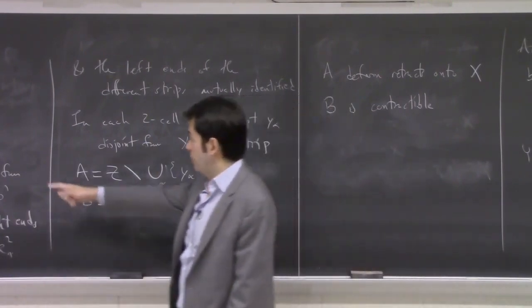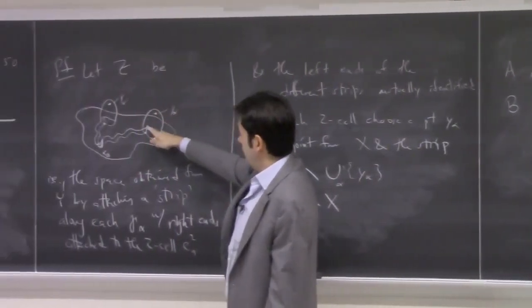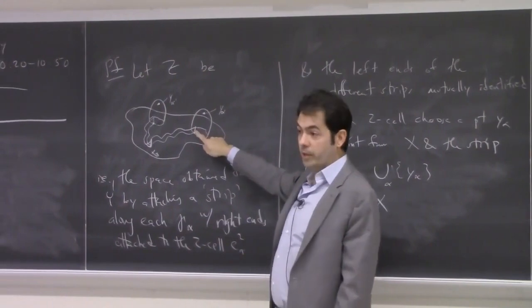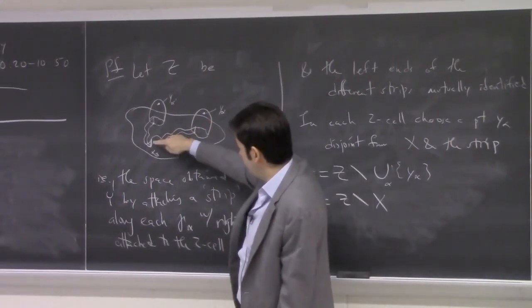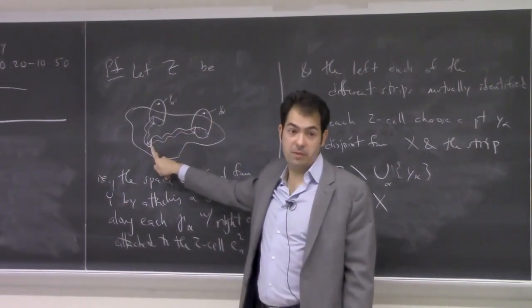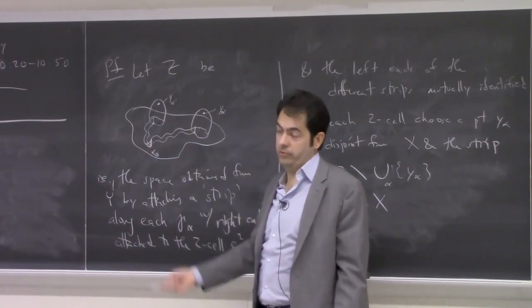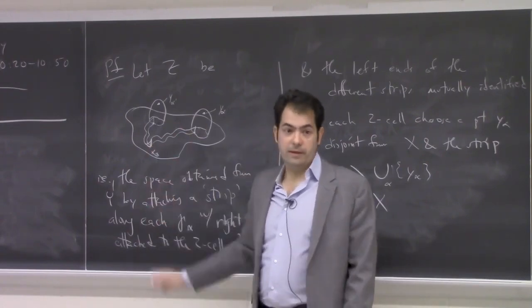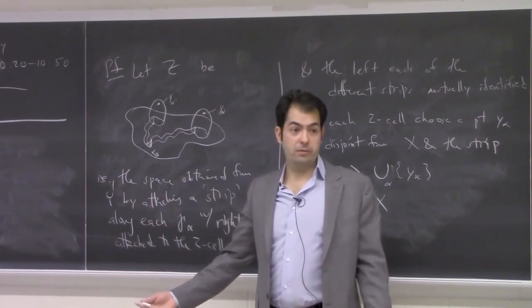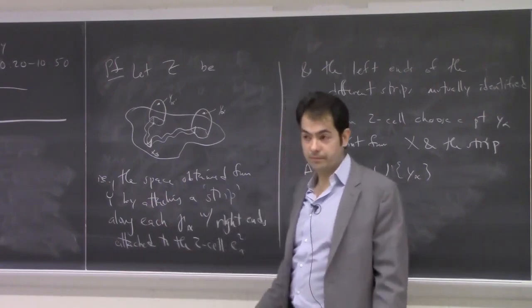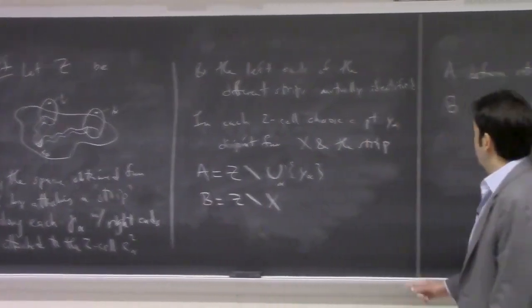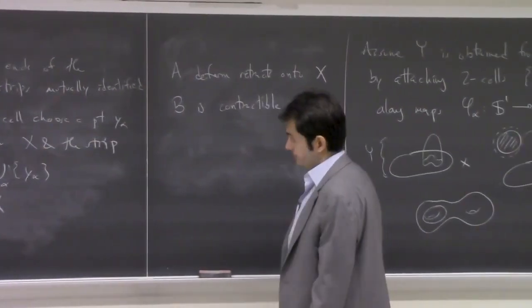And so you can contract all of this down to that little piece of the strip, and then all of the strips you can take back to the one living above x naught, and then push that down to x naught itself, or to any point on it. And so you're just left with the point. So B is contractible.